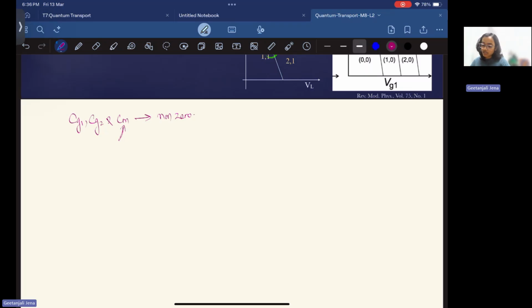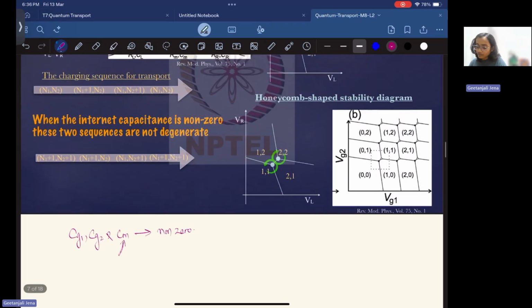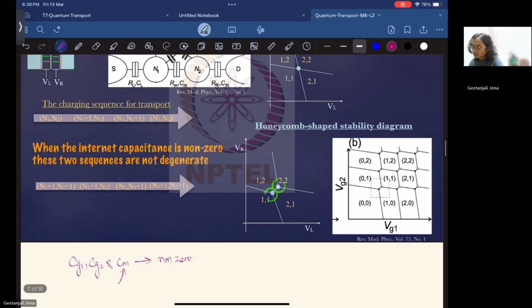The shifting is quite visible if you look at this charge stability diagram. For this case, we'll see a honeycomb shaped stability diagram. And what will happen? The 1,1 state and the 2,2 state are no longer degenerate.